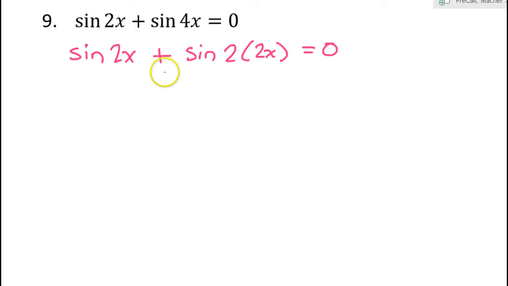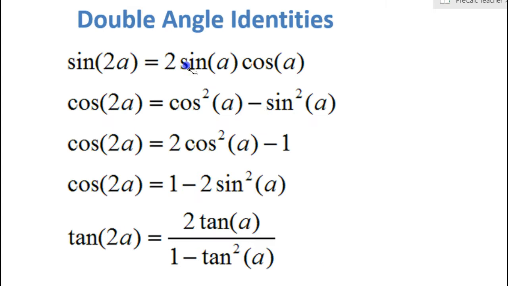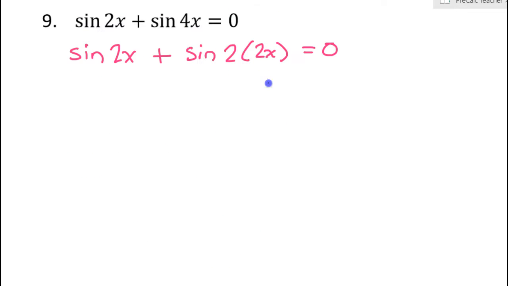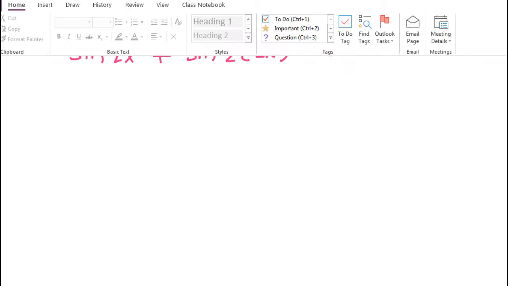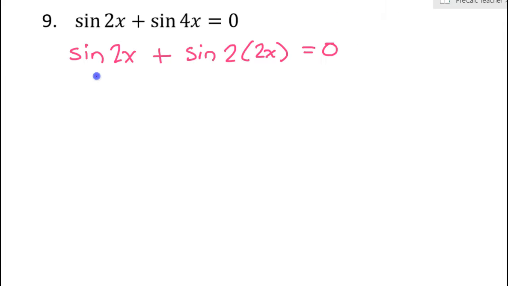Now, still, this is weird because I can't use my formulas yet because I don't just have a 2x, I have a 2 times 2x. So here's the trick that I want to do. We're going to do a u substitution. And what I mean by that is I'm just going to take this letter u and let that equal something.